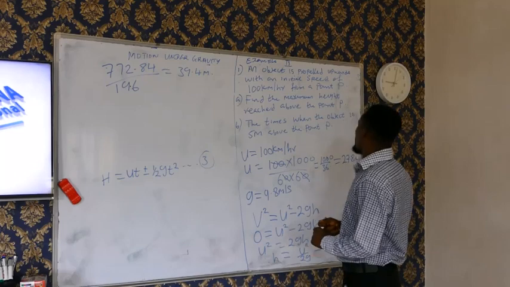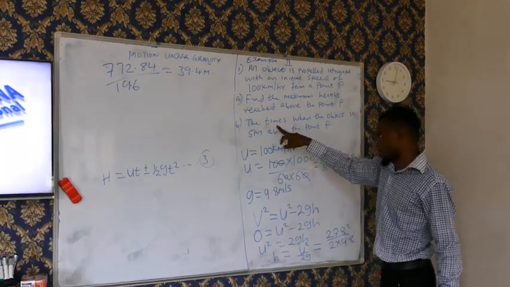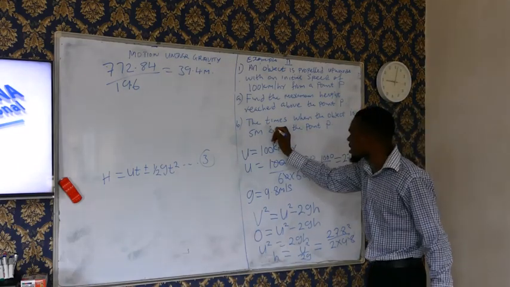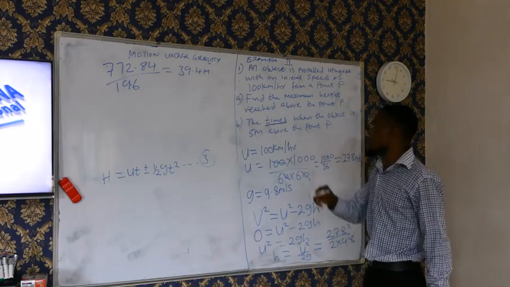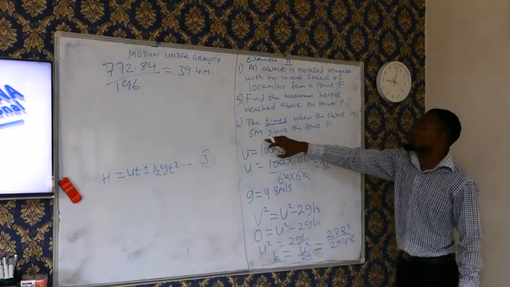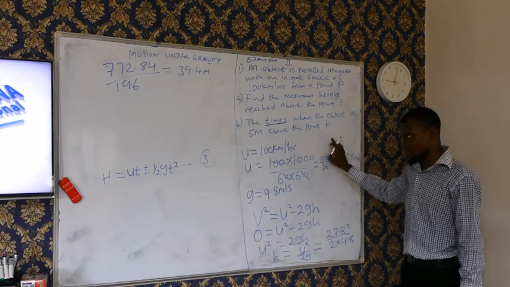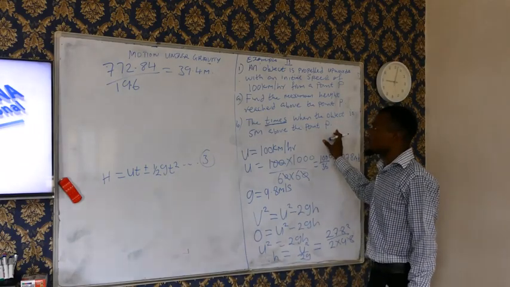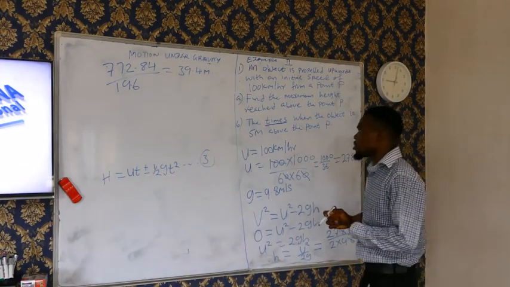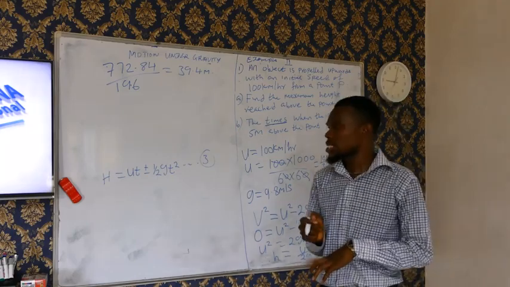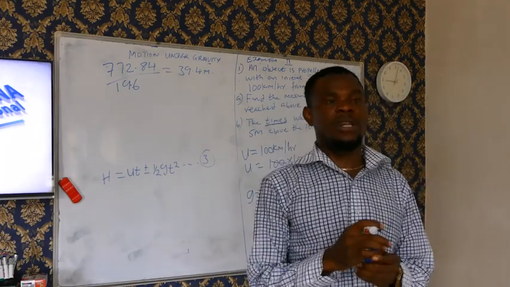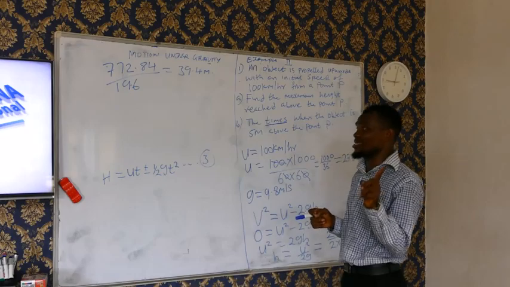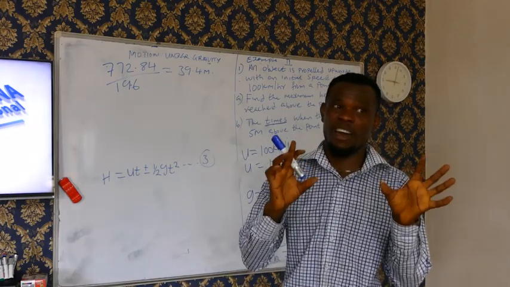So, the B part of the question said we should calculate the times. Take note of that. It said times. Pay attention to that. Times, not just time. Calculate the times when the object is 5 meters above the point P. So what you do is look for the equation that has distance, because a particular distance has been specified, which is 5 meters.